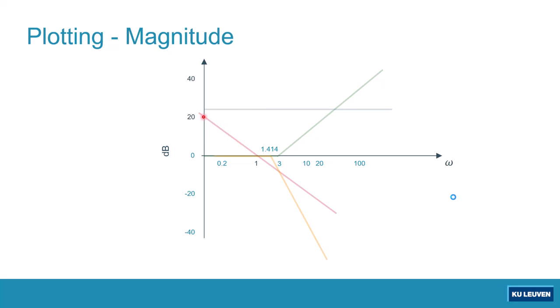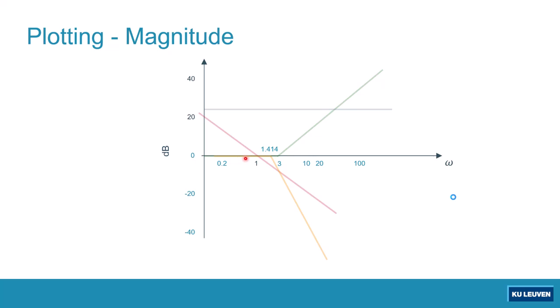From G2 I will have a negative 20 dB per decade slope crossing the origin. From G3 I will have a 0 dB line, as well as from G4.